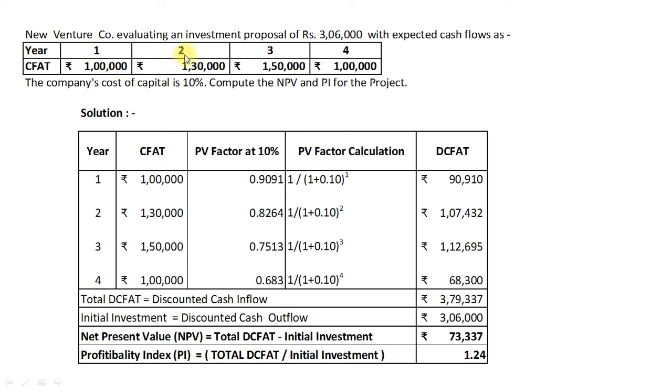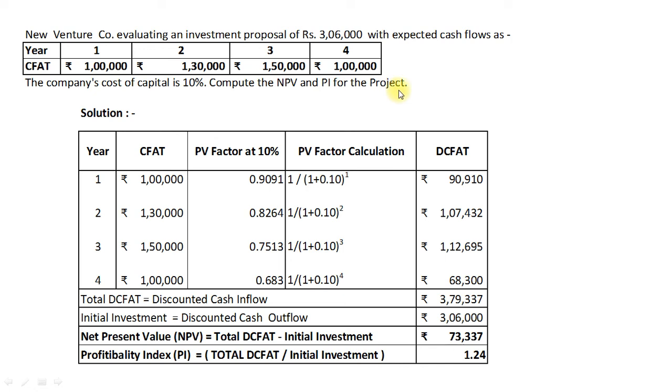At the end of second year, it is rupees 1,30,000. At the end of third year, rupees 1,50,000. At the end of fourth year, rupees 1 lakh. And the company's cost of capital is 10%. And we are asked to compute the net present value and profitability index for the project.